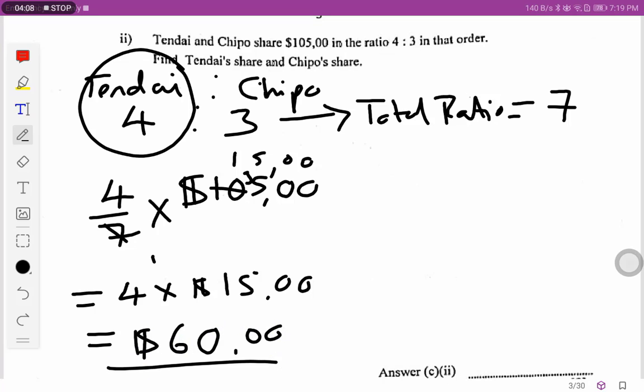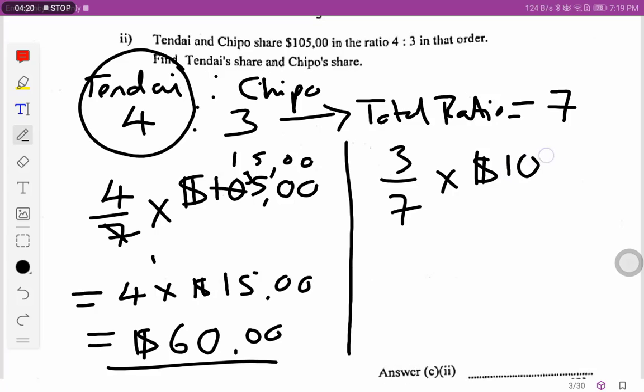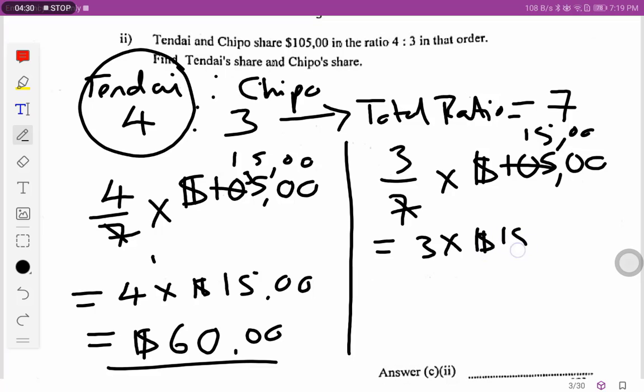That's for Tendai. Then if I want Chipo's, I can as well use the ratio and say 3 over 7 times the money, which is $105, and I'll get another 15.00. Then I multiply 3 times $15 and I'll get 45. So this is another way of doing it.